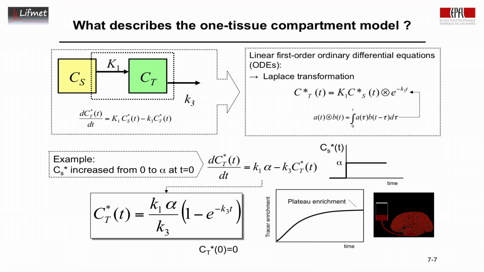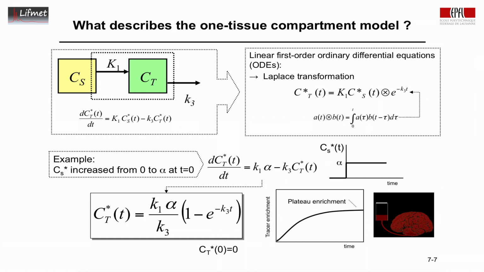Now, conceptually, what we need to get our metabolic rate is described by the parameter K3. So we need to determine this parameter K3. And we might think that for such a simple function, an exponentially increasing function asymptotically going to a steady state value, this is mathematically very simple.